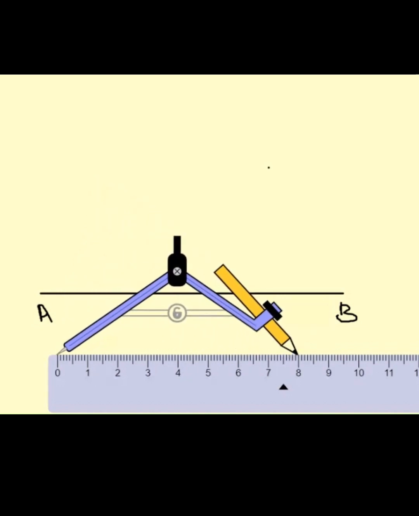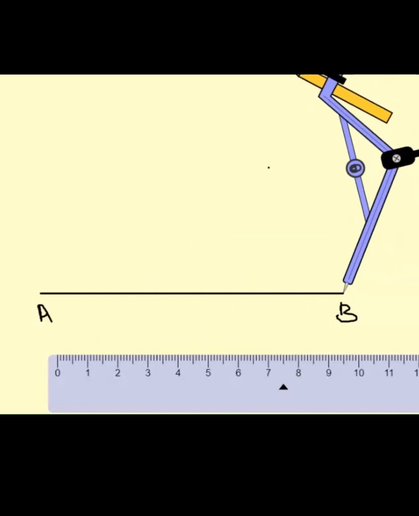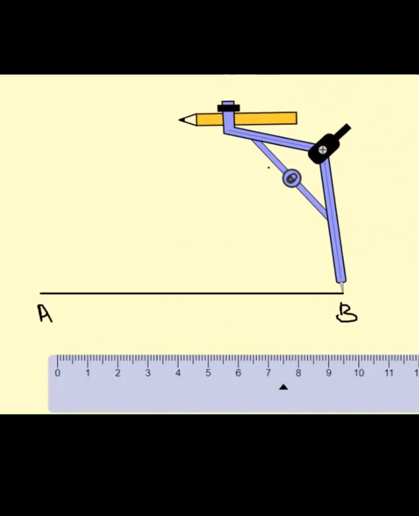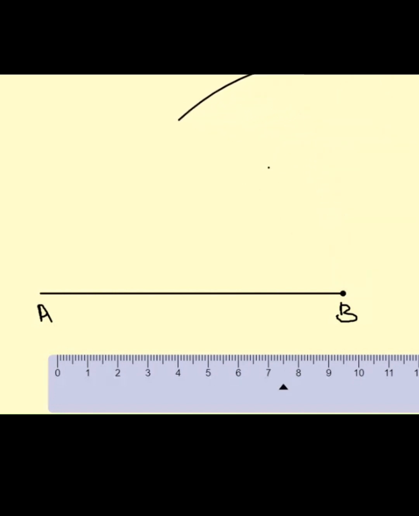So we use the ruler to measure 8 centimeters and place the compass at point B and draw an arc. So that is from B to where the arc is 8 centimeters. We are going to connect using a ruler from point B to meet the arc, which is the triangle ABC.